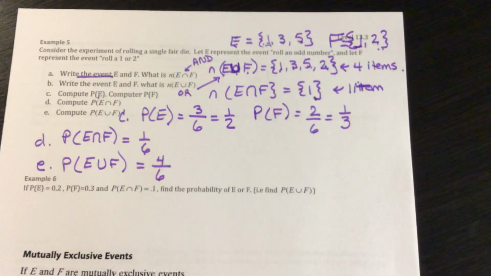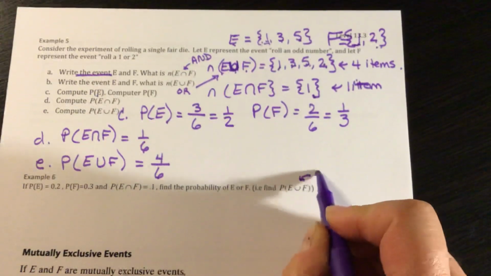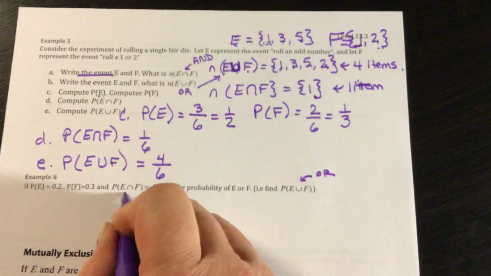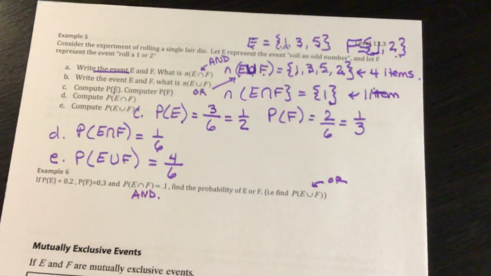Okay, example 6 says the probability of E is 0.2, the probability of F happening is 0.3, and the probability of E and F happening is 0.1. So they're asking us to find the probability of E or F. Now we did some counting things like this back in section 1.